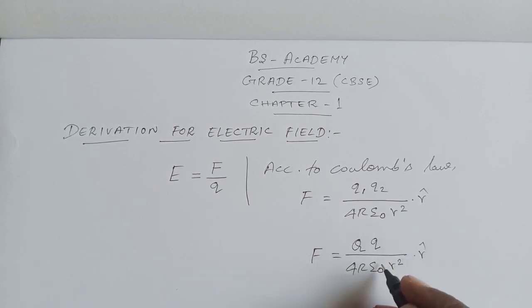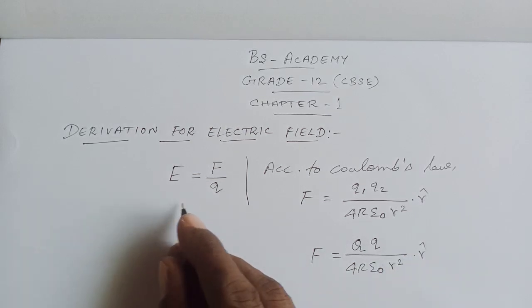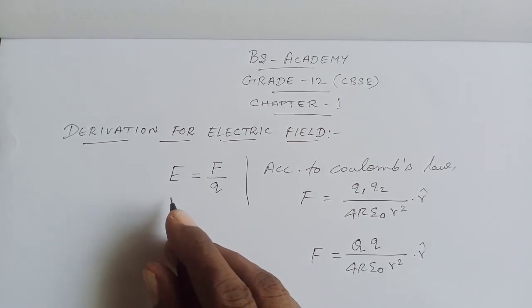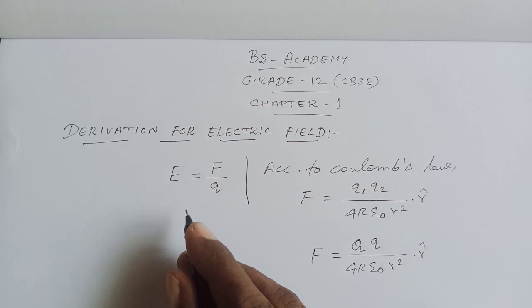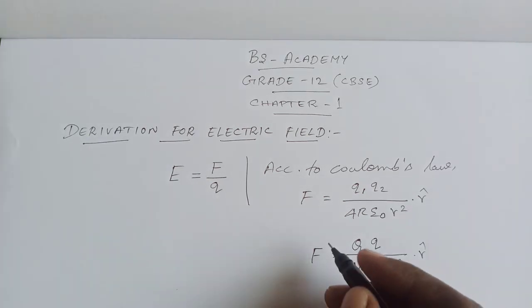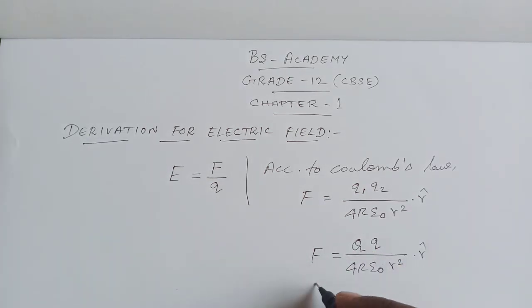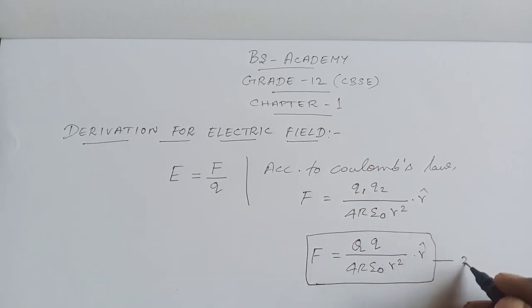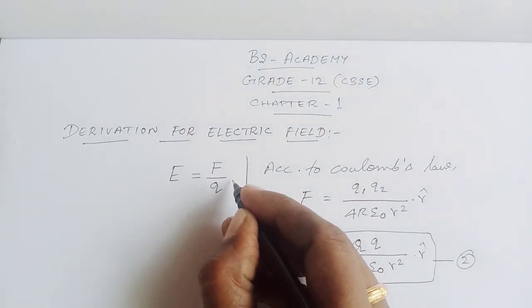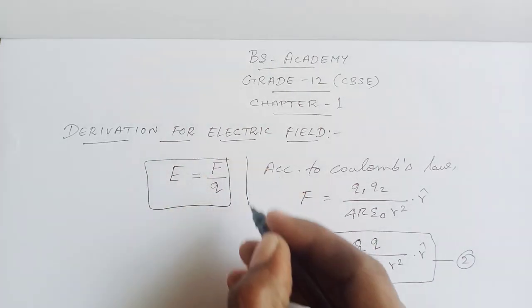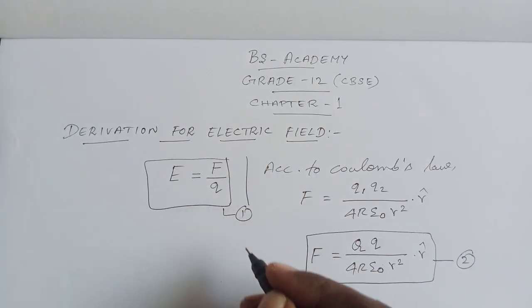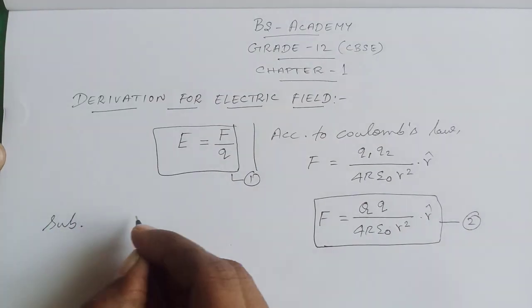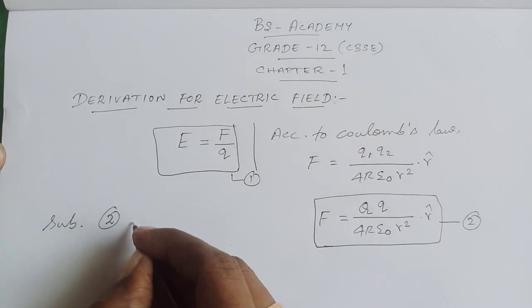We have to substitute this equation in the basic equation for the electric field, so that we will get the equation for electric field E. Consider this equation as 2 and the basic equation as 1. Substitute equation 2 in 1.